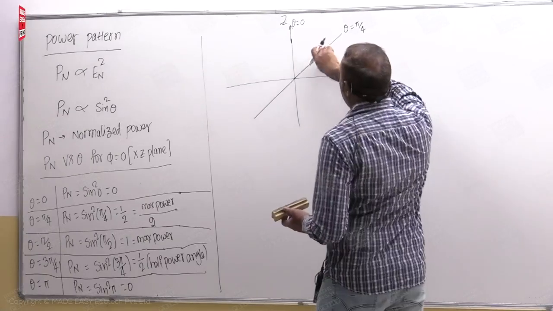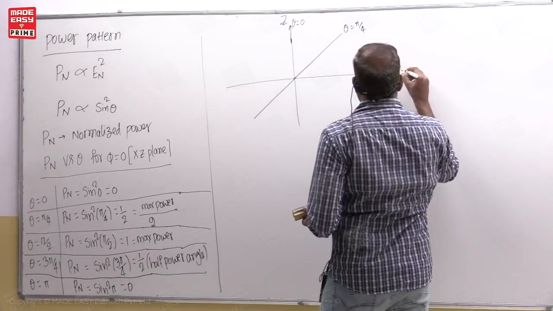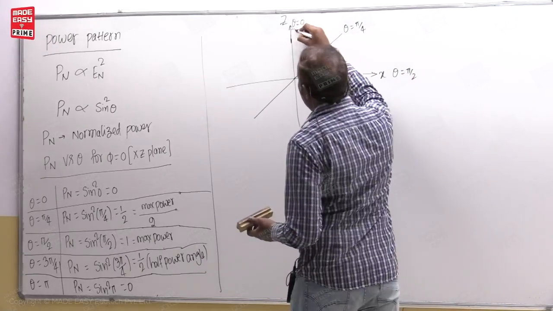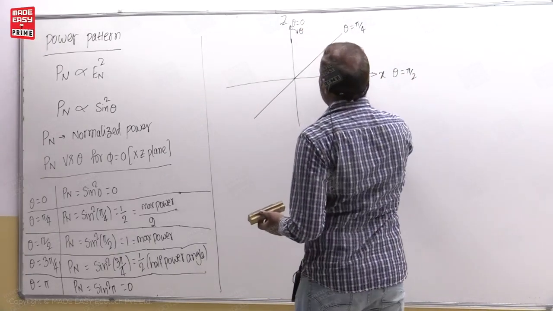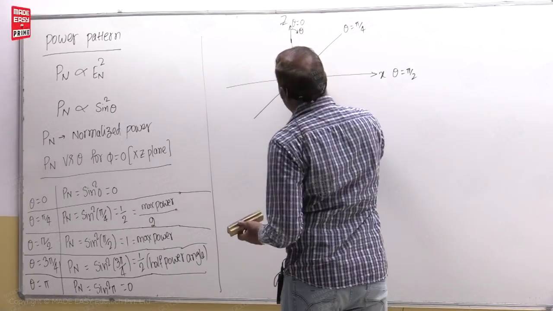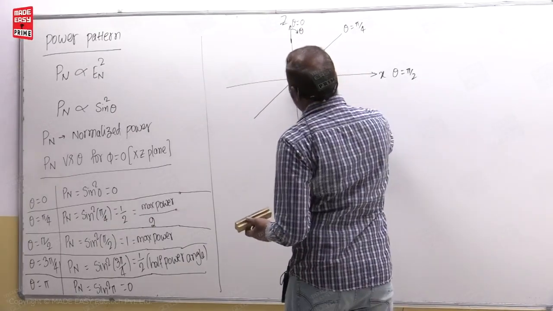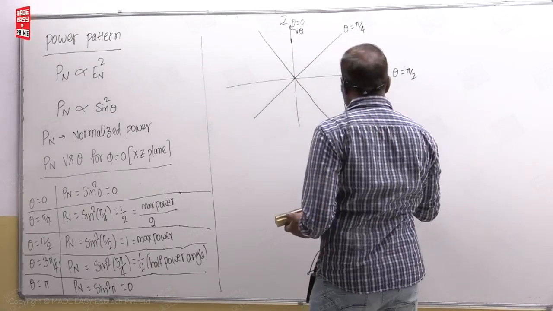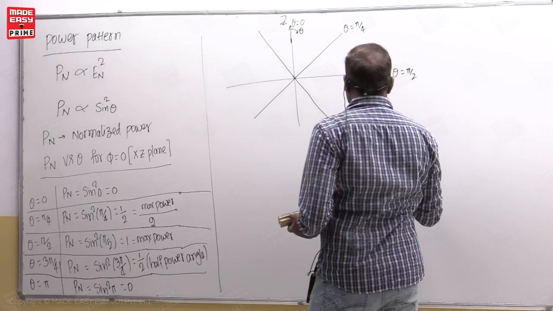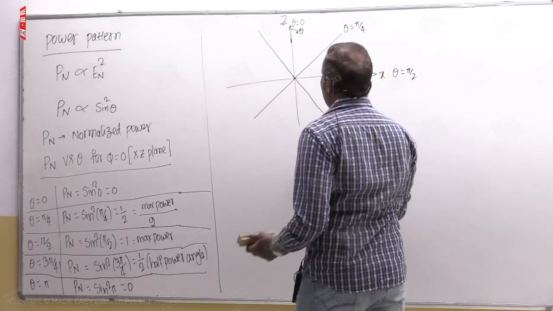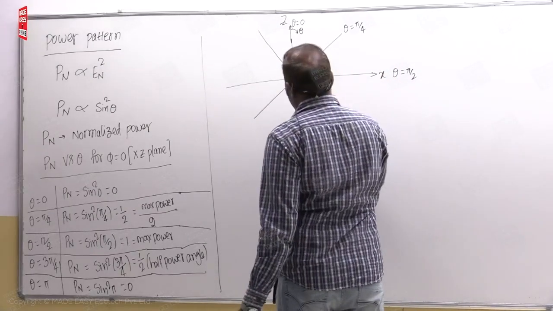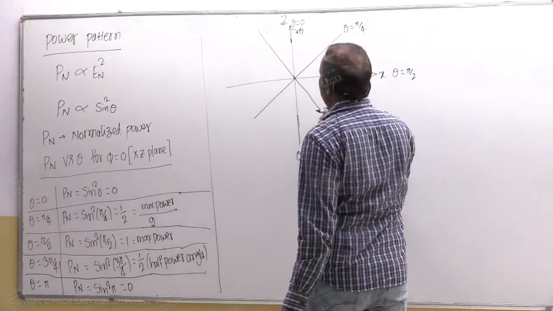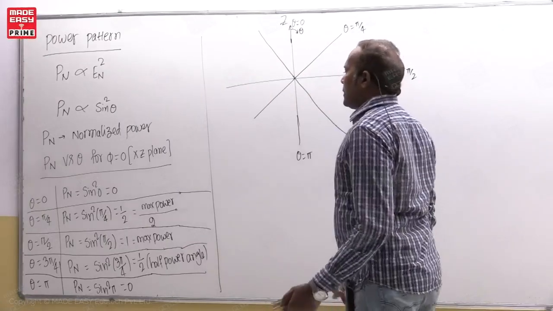And here the vertical angle theta is equal to pi by 2. The vertical angle is always measured from the z-axis, students. Theta is measured like this. This one theta is equal to 3 pi by 4, and this is theta equal to pi. You draw this side, it is actually symmetric.